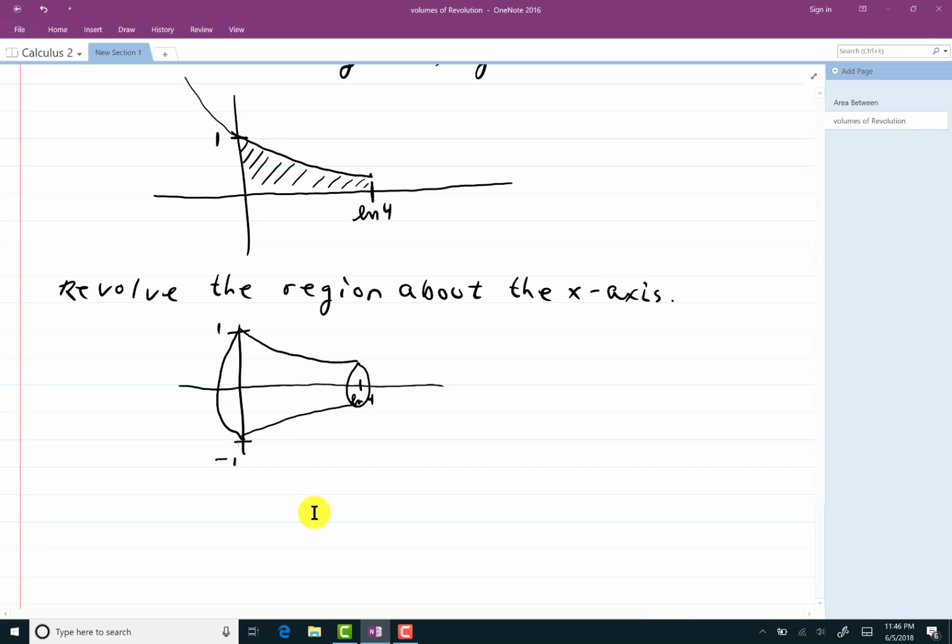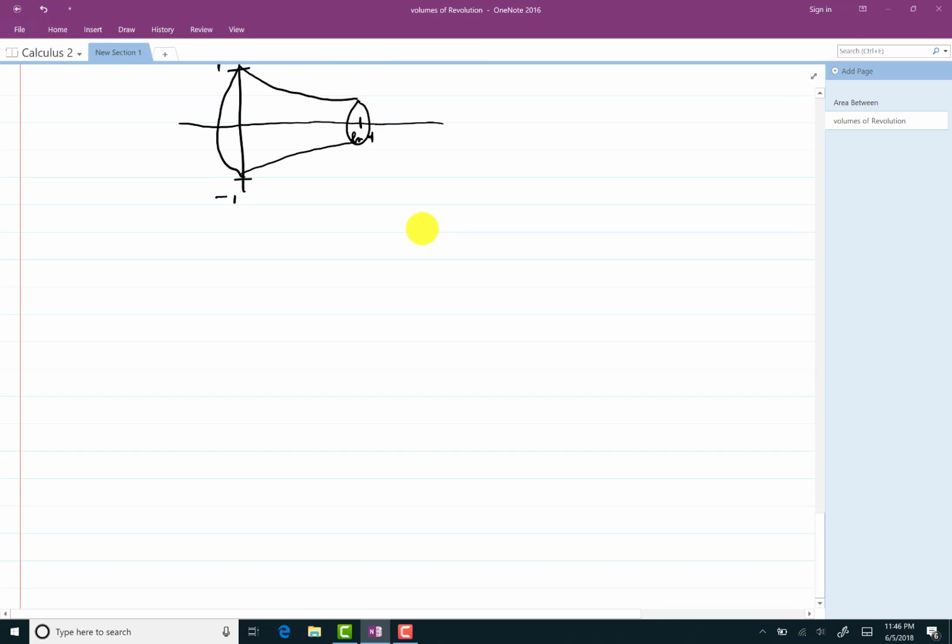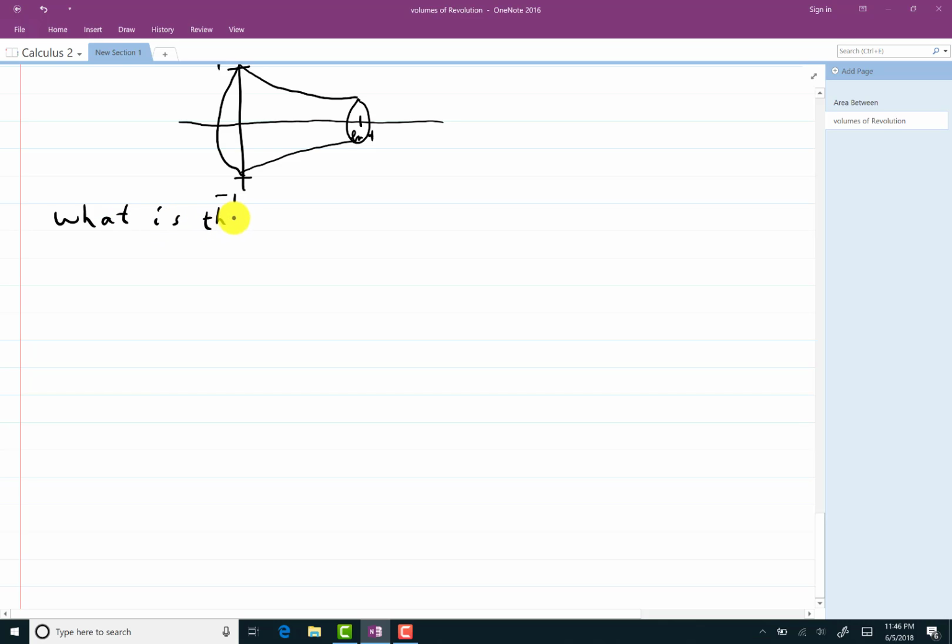Now, what I'm going to do is the same thing as before. I'm going to look at rectangles, cut this region up into rectangles. So we're going to say, what is the volume of that solid?